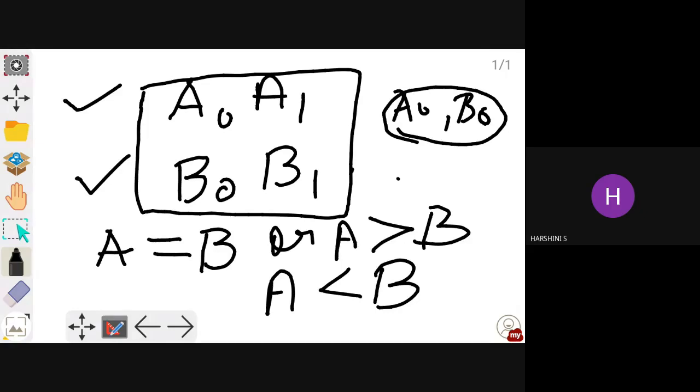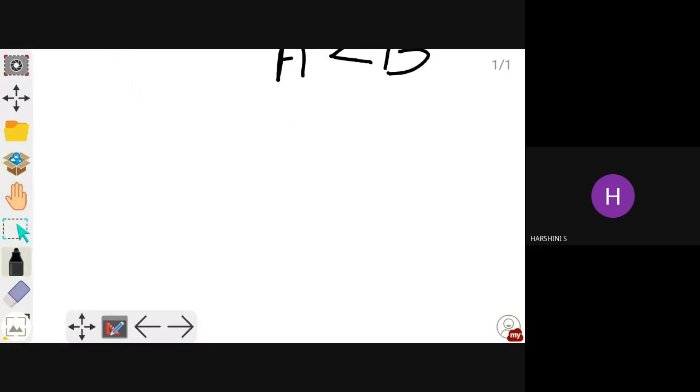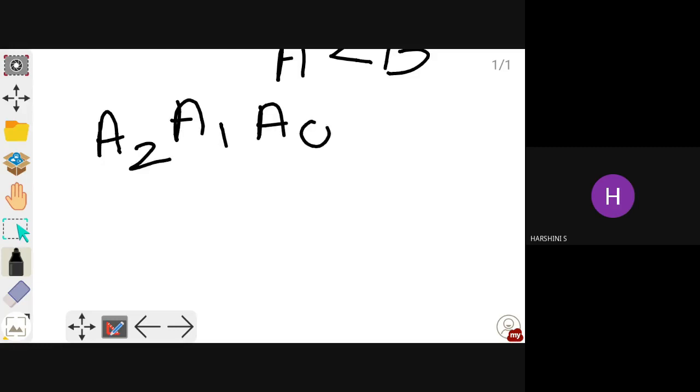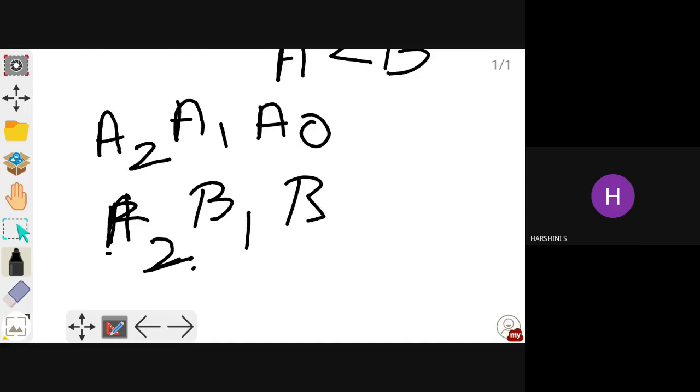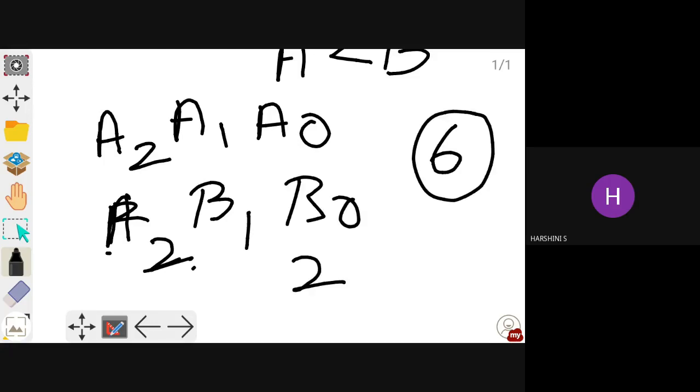For example, consider a 3-bit number, that is A2, A1, A0 and B2, B1, B0. So totally your input will be 6, and you are going to obtain 2 power 6 combinations.